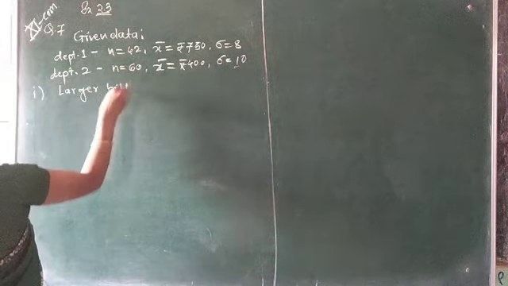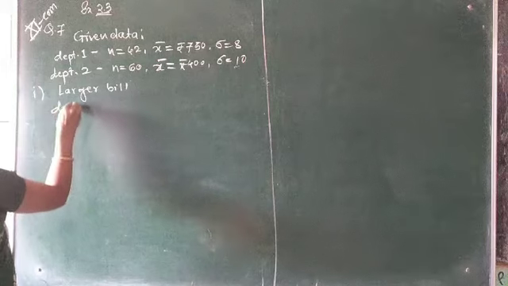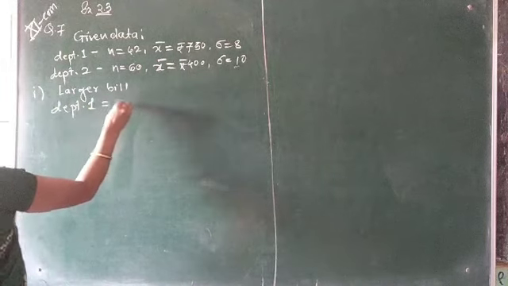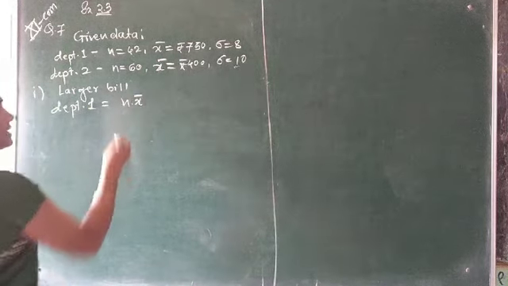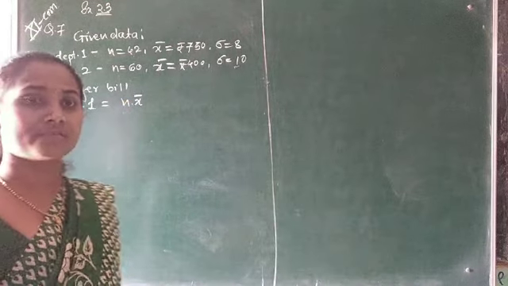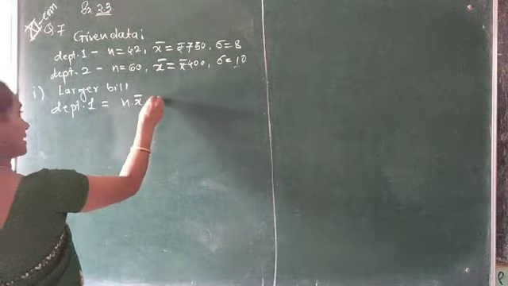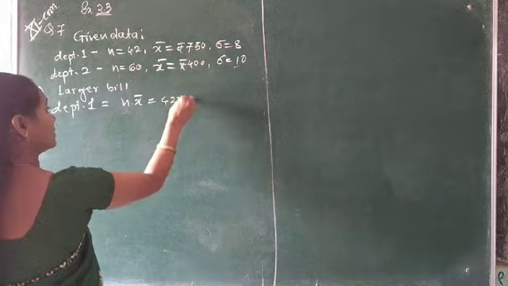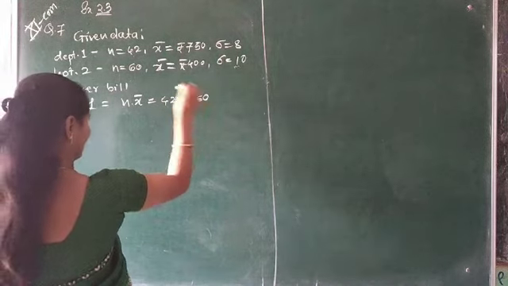Larger bill. So for department 1, n into x. n means total employees आणि त्याला average ह्याने वेजने मल्टिप्लाय करायचं. n is 42 into 750.